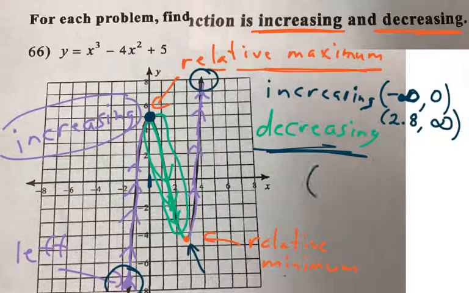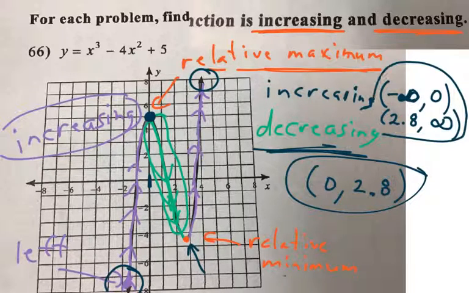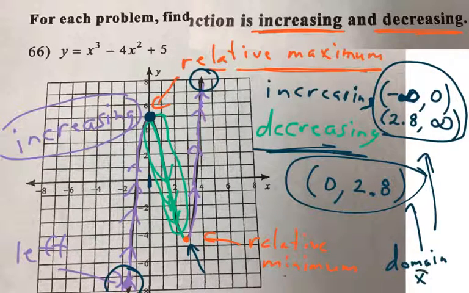And that interval is from 0 to our estimate of 2.8. And these are not ordered pairs, guys. This is the way we show intervals. And these intervals describe what we call the domain of the function. Remember, domain's a fancy name for the x or input values. Okay, and so this is something you have to get used to. So pause the video and take notes on this.